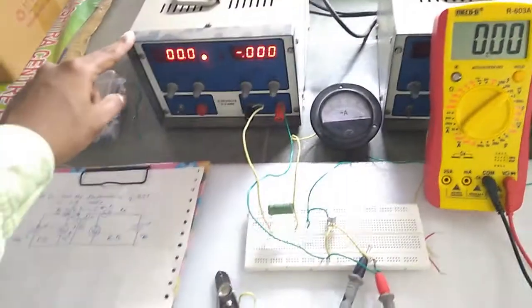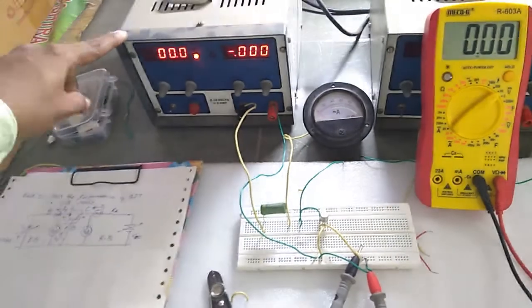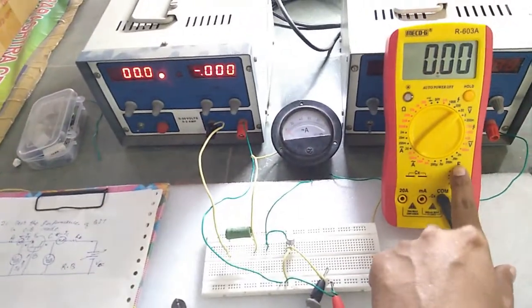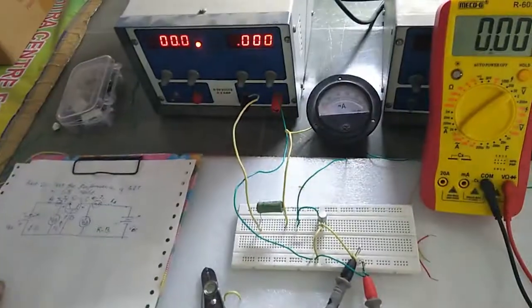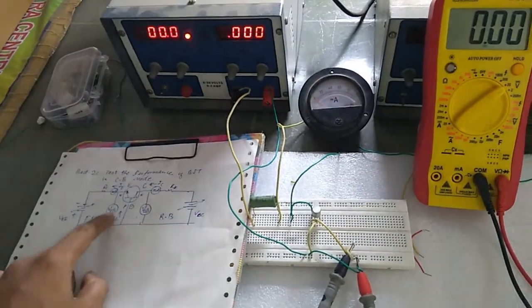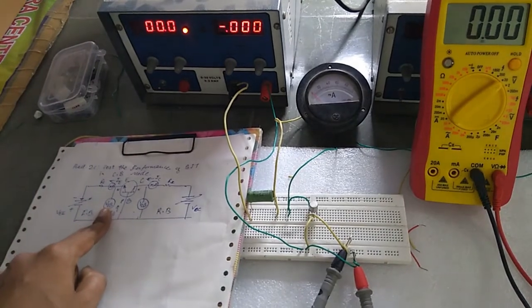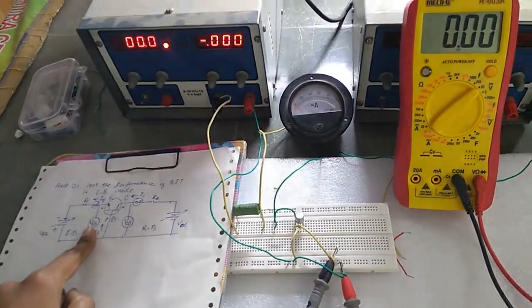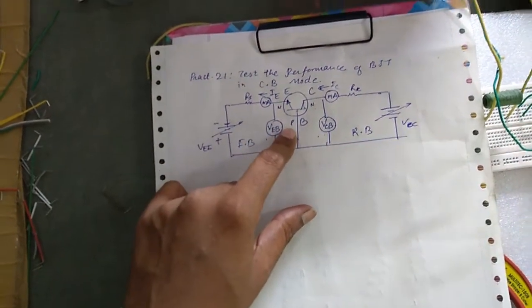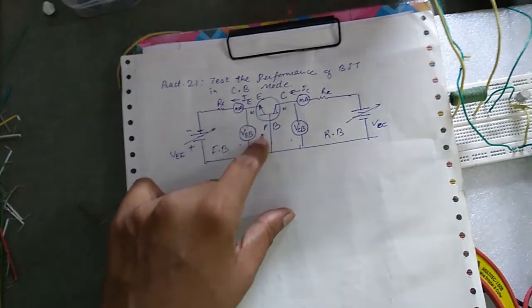Now increase the value of forward bias voltage such that the voltage across this voltmeter, that is VEB, must be increased in steps of 0.1 volt. As it is an N-type emitter and P-type base, it is acting as a diode.